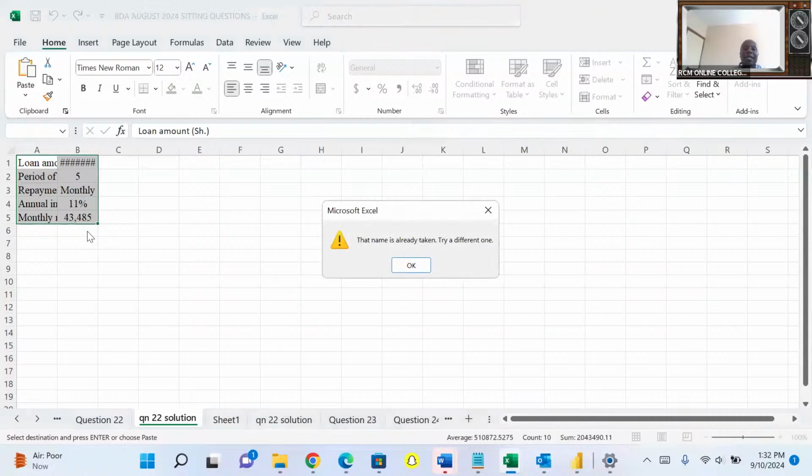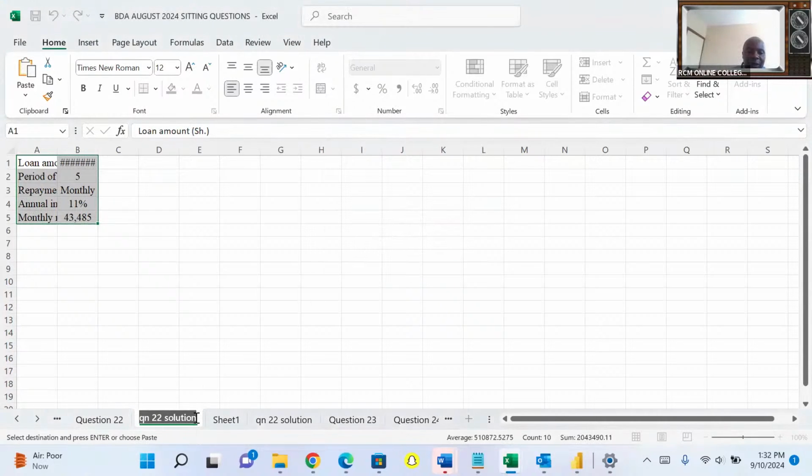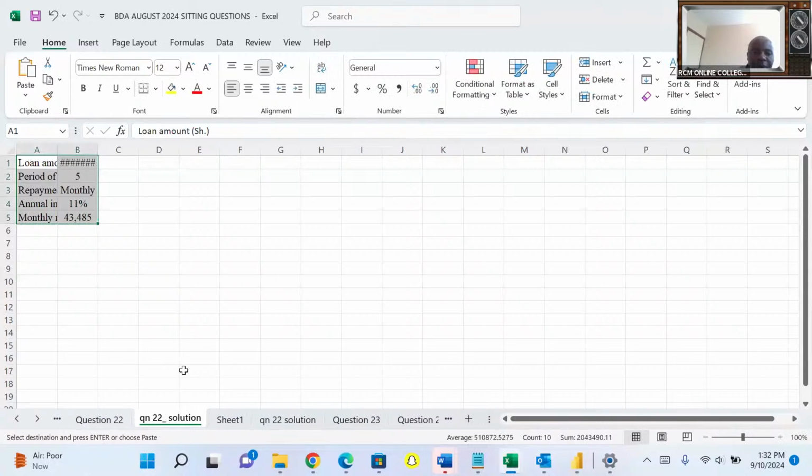Then you can see these figures here are very, very big. Question 22, solution. I can continue a little bit. I can use, because I named another one like that, an underscore. All right.